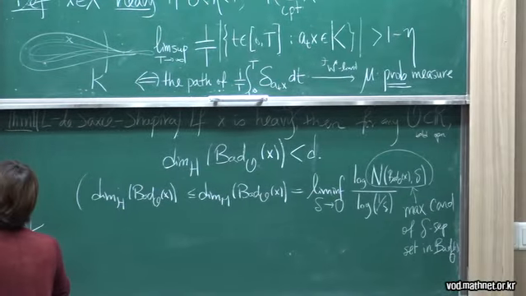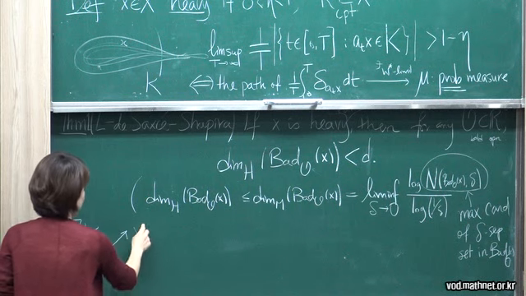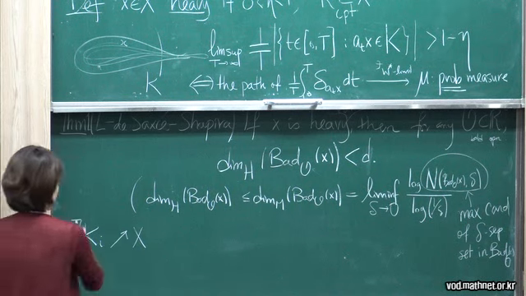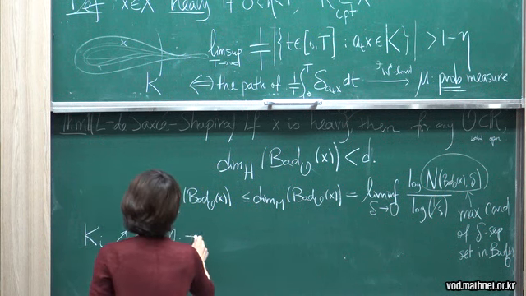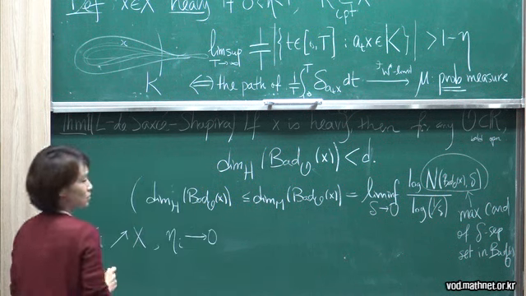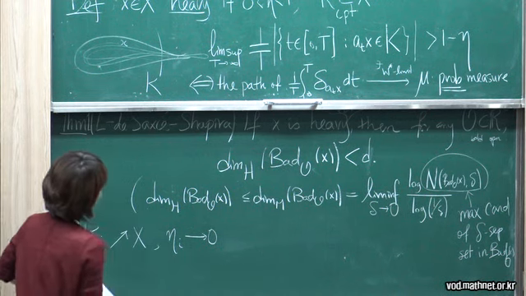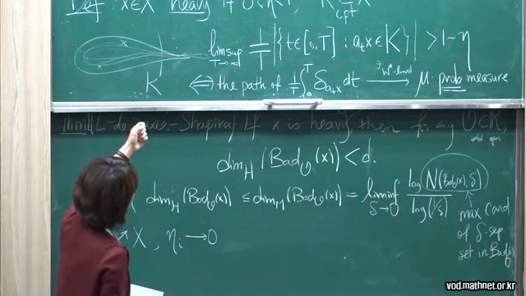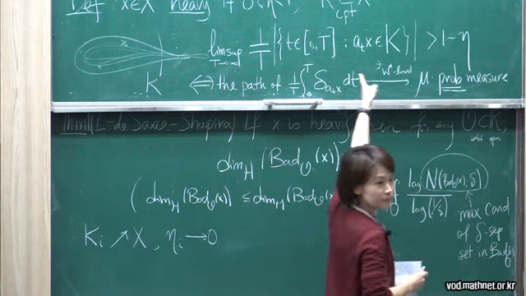For given K_i, some increasing compact sets that exhausts X, and for given eta_i, some sequence that goes to 0, if you're given these K_i and eta_i, then you can think of x for which we have this statement.